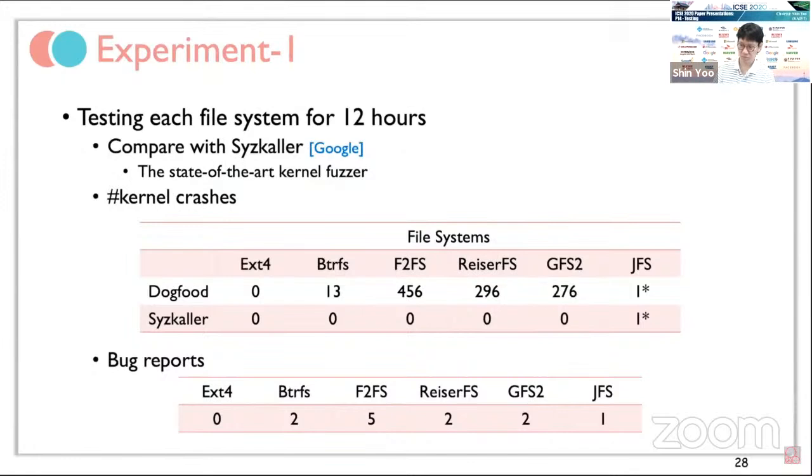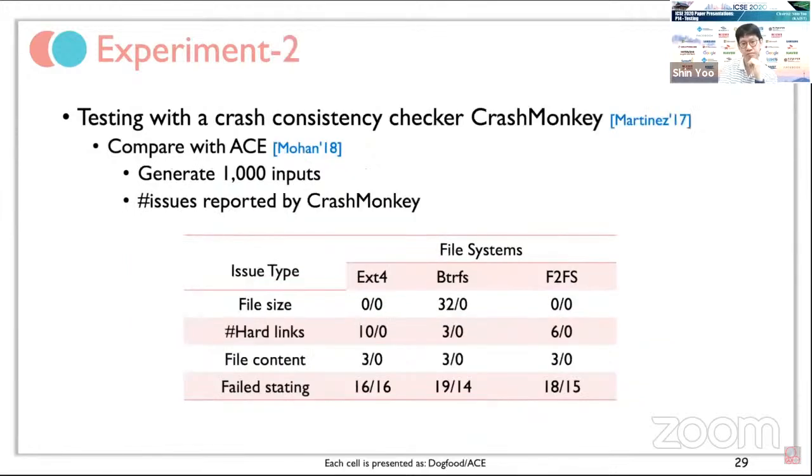Both of them were tested in a 12-hour run, and we found that Dogfood was able to find hundreds of crashes, much more than Syzkaller. We reported some of the crashes as bugs to the developers, and some of them were fixed quickly.